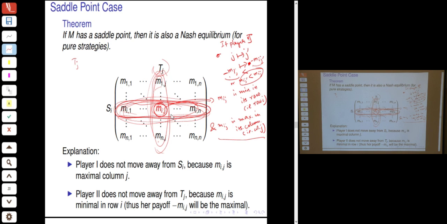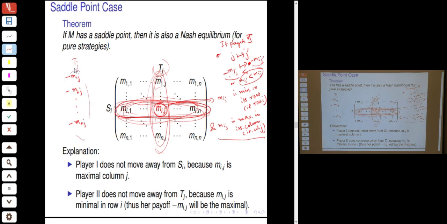And because it is a zero sum game, the payoffs for player 2, which we are concerned about in this discussion, are the negatives of the payoffs for player 1. So the payoffs for player 2 are minus M1j, minus M2j, minus Mnj. Okay?